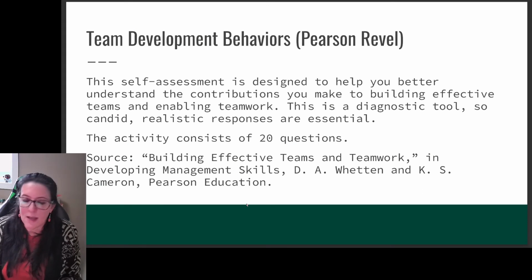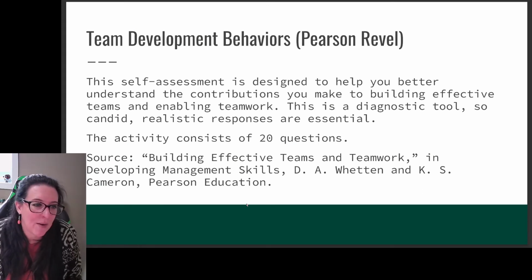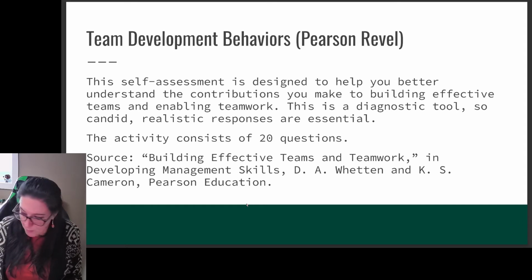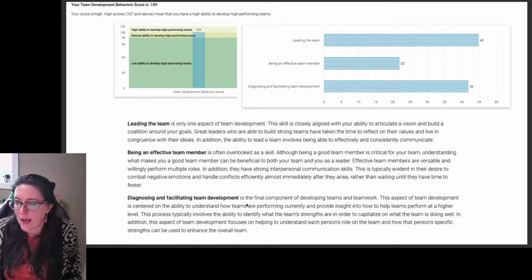If we recognize that we need to work on building our team, there are different aspects of team development. And so this survey from Pearson Revel helps you better understand the contributions you make to building the effective team. And so there's a number of different components we want to look at here.